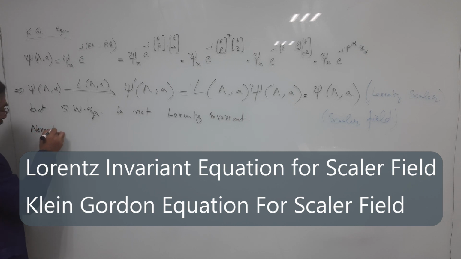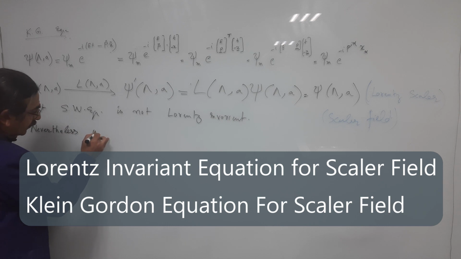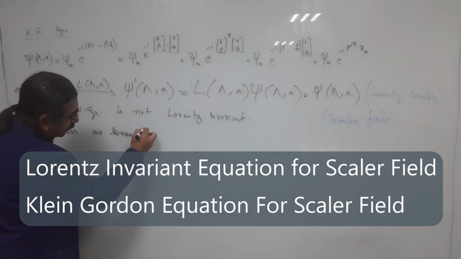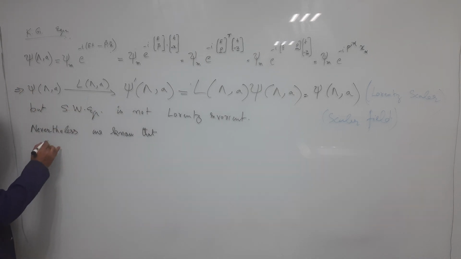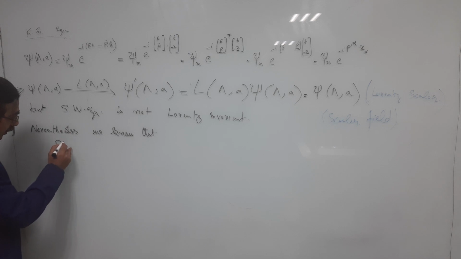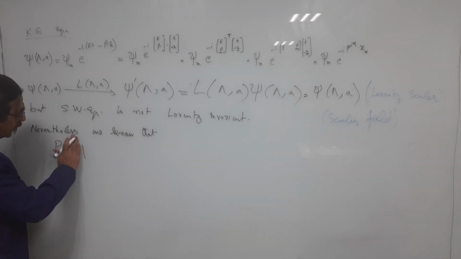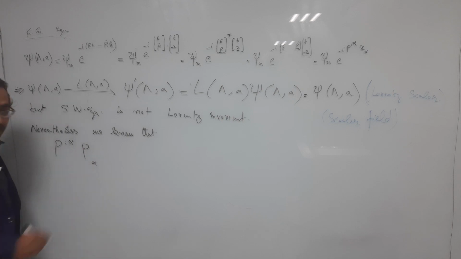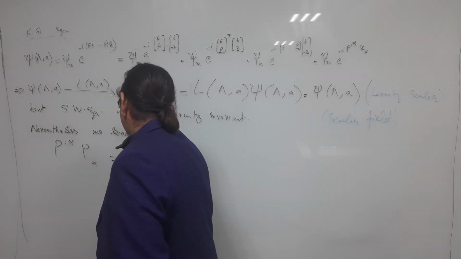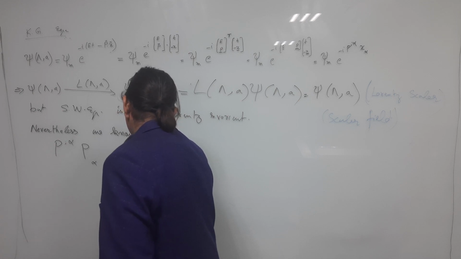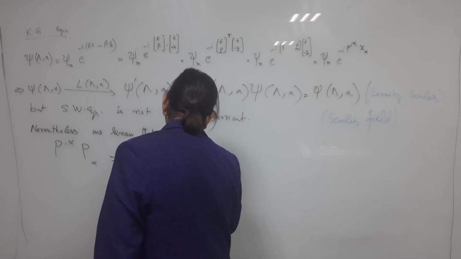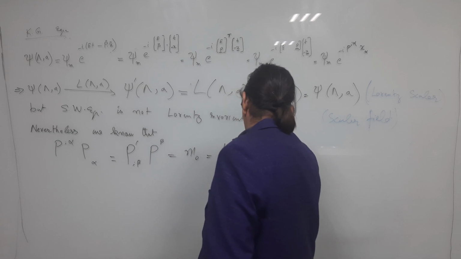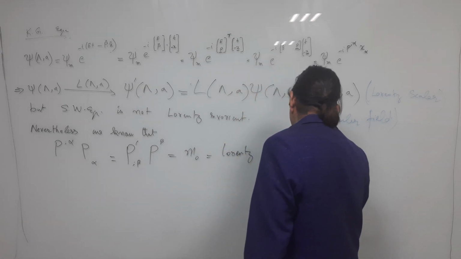Nevertheless, we know what we proved in the last lecture: P square, P mu P alpha for momentum, is Lorentz invariant in 4-vector form.